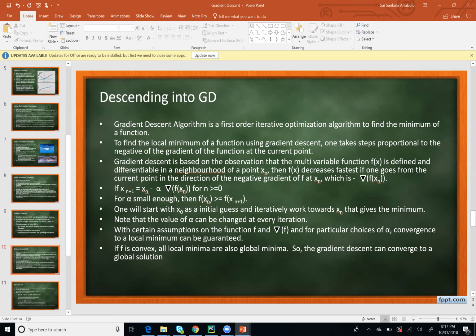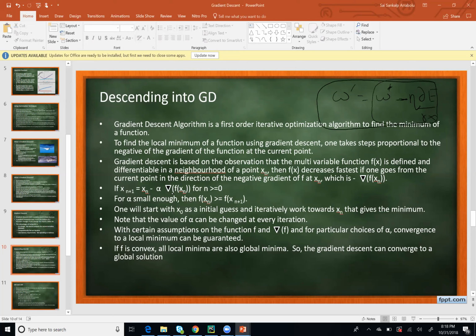So if you look at it, your weight is updated as the old weight minus some learning rate times the slope. If your slope is negative, then you update your weight in the positive direction. If your slope is positive, then you decrease your weight. That's the whole equation of gradient descent.